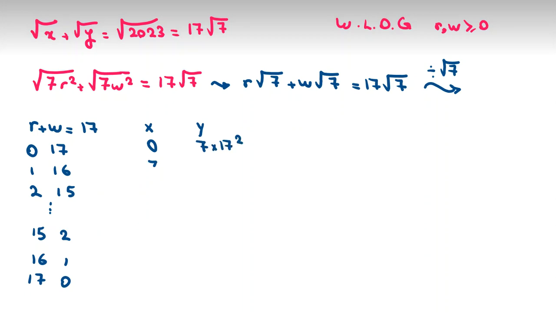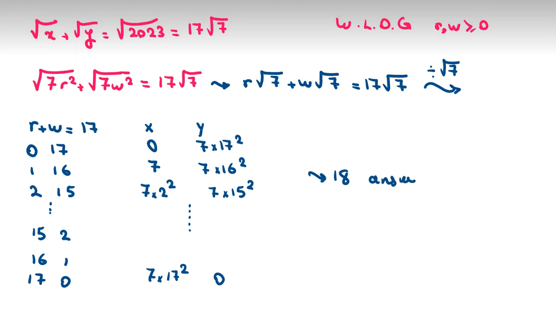The next is 7 times 1 squared and 7 times 16 squared. The next is 7 times 2 squared and 7 times 15 squared. And so on. And the last one is 7 times 17 squared and 7 times 0 squared, which is 0. So we found 18 answers for this problem.